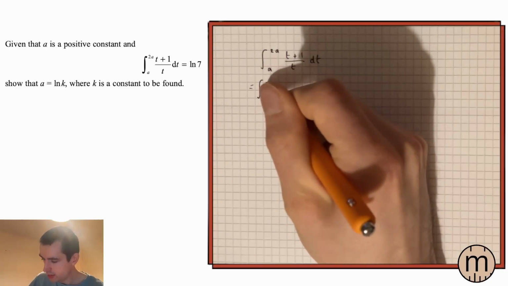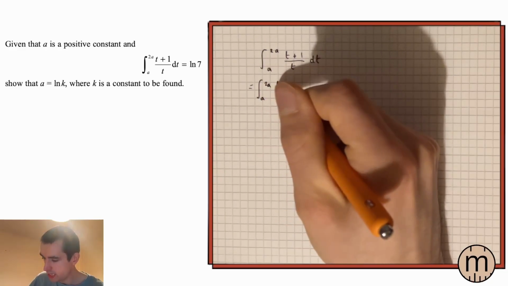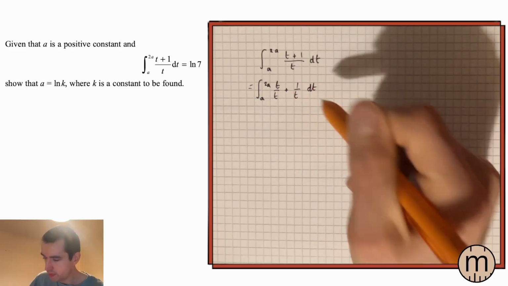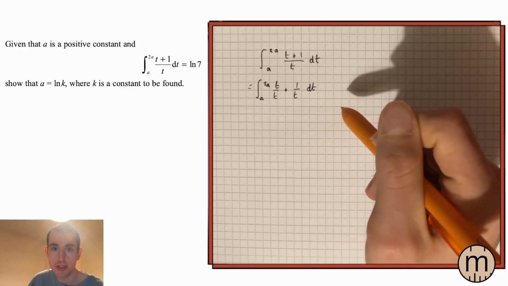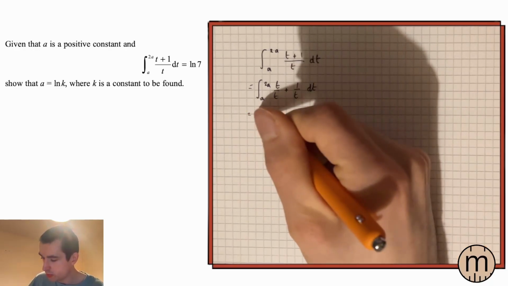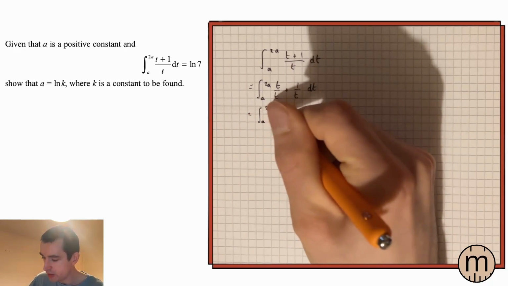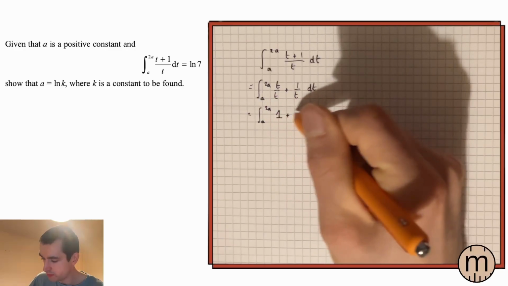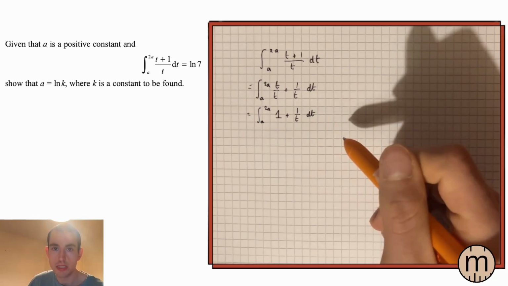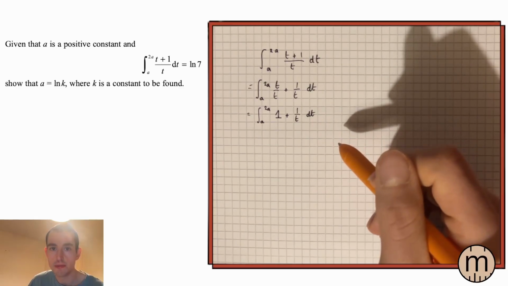To do that, I'm going to do t over t plus 1 over t. This is how you add fractions, so it's just doing that process in reverse. And of course, anything over itself is 1, so it turns the integral into 1 plus 1 over t.